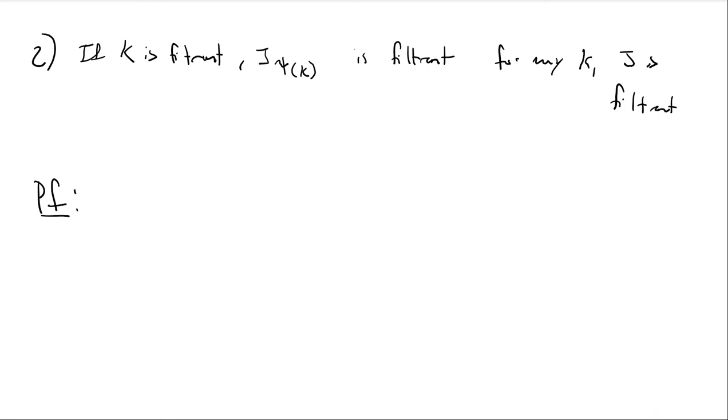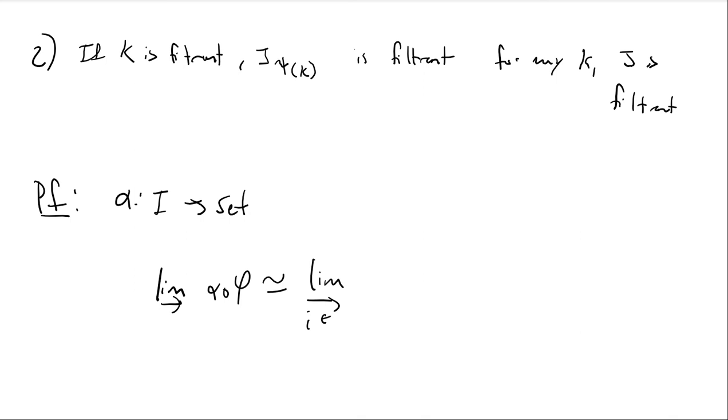So first, if I have any functor alpha, I to Set, then I can calculate as follows. I can take the limit of alpha composed with phi, and from the chapter on limits, somewhere in 2.3, I can't remember exactly which result I need, but I can write this as the limit over i in I, and the limit over j in J_i, of alpha composed with phi of j.